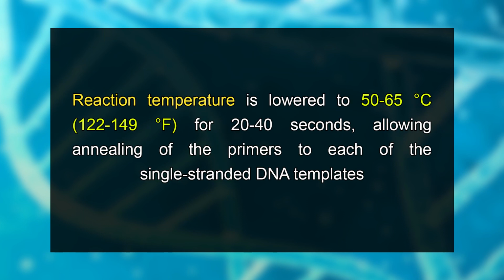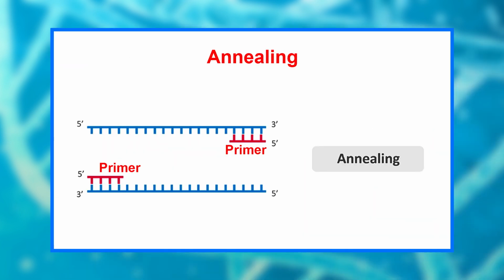In the next step, the reaction temperature is lowered to 50 to 65 degrees centigrade for 20 to 40 seconds, allowing annealing of the primers to each of the single-stranded DNA templates. 2 different primers are typically included in the reaction mixture, one for each of the 2 single-stranded complements containing the target region. It is critical to determine a proper temperature for the annealing step because efficiency and specificity are strongly affected by the annealing temperature.